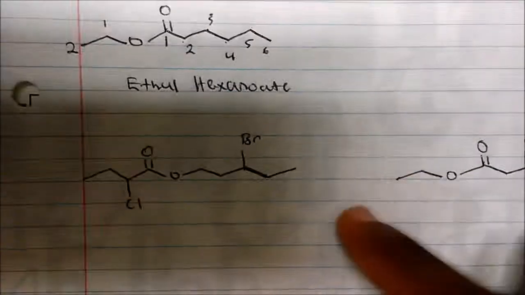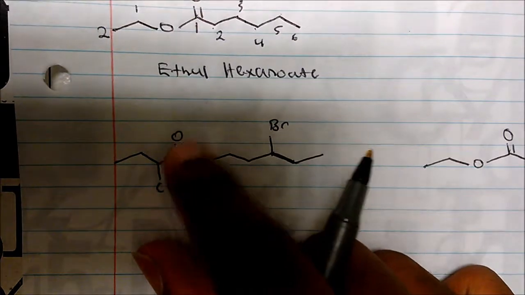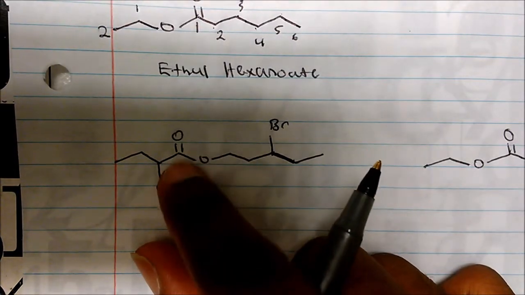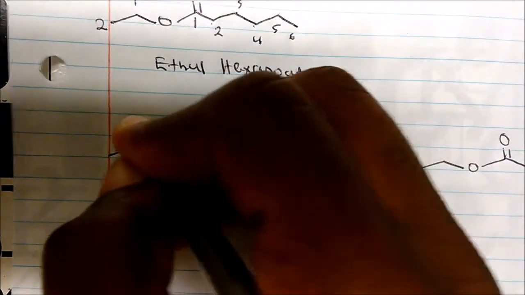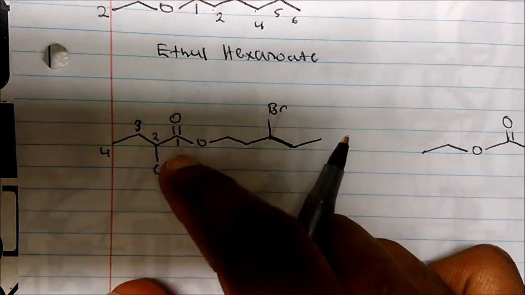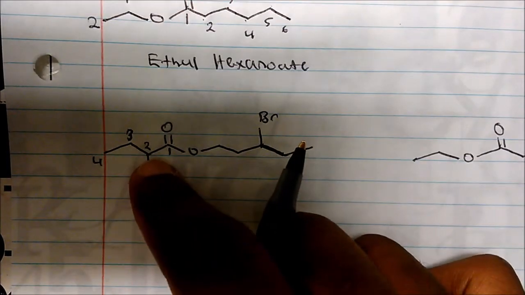So let's get a little bit more complicated. How would we name this one? Well, again, the idea doesn't change. Our longest continuous carbon chain will involve the double bond. If I look at this, it is carbons 1, 2, 3, 4, so this is butanoate. Now, the parent actually will be 2-chlorobutanoate.